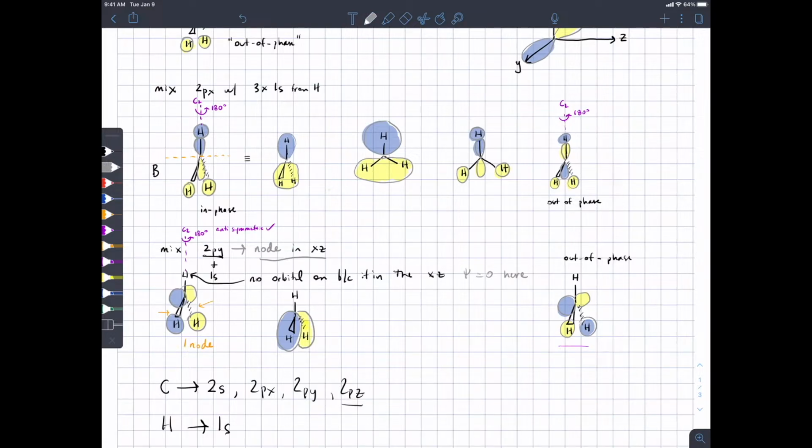And if we viewed this from the side, what it would look like would be this.